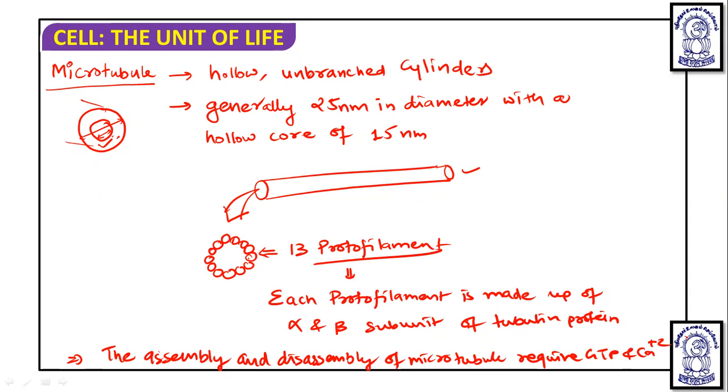So GTP and calcium are required for the assembly and disassembly. So this is what a particular microtubule is. Now where are they found?